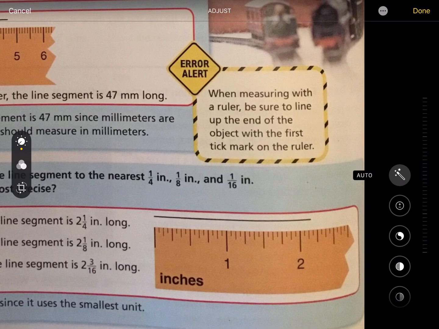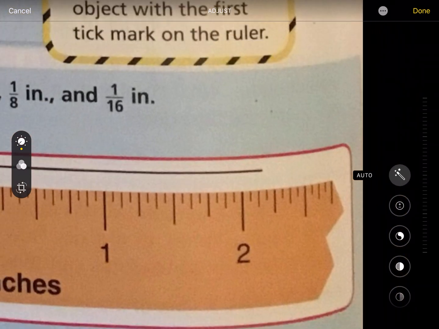Okay, so we're asked to measure this line segment to the nearest quarter inch, then the 1/8 of an inch, then the 1/16 of an inch. So to the nearest 1/4 inch, we're either doing an inch, a 1/4 inch, a 1/2 inch, or 3/4 of an inch. And that line segment you can see over here is a little curved because of the picture, but it is closer to 2 1/4 inches than it is 2 inches. So to the nearest 1/4 inch, it's 2 1/4.